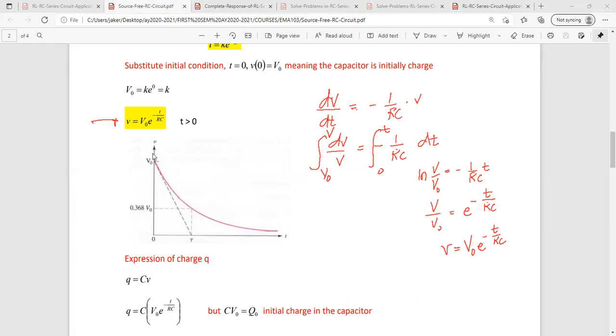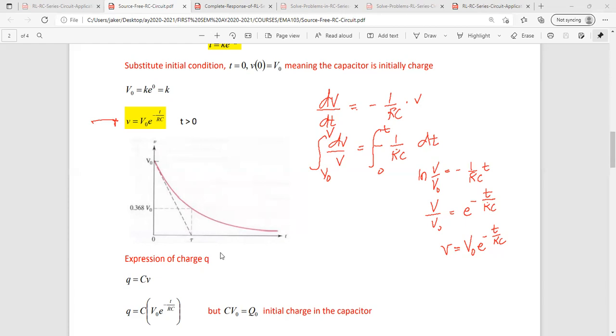You can see that there's also an exponential decay or decrease in the case of your voltage across your capacitor as time increases.